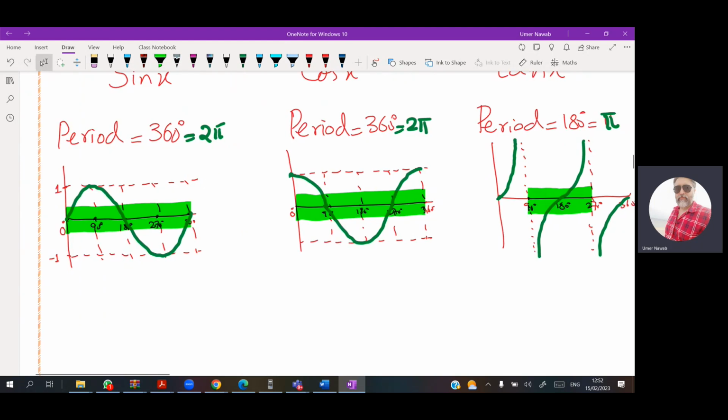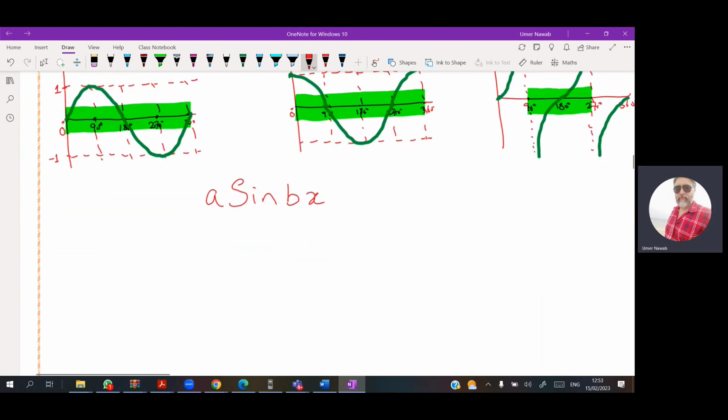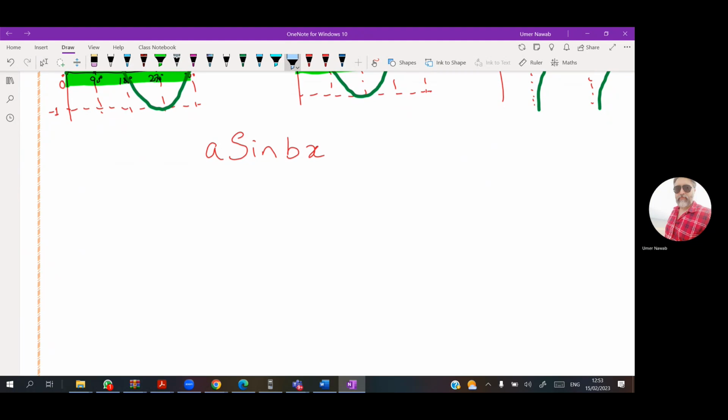I'm going to give you a few formulas. So period, let me write here, sine of bx and a sine bx. This number A is a vertical stretch, if you studied the functions where I taught you vertical stretch.